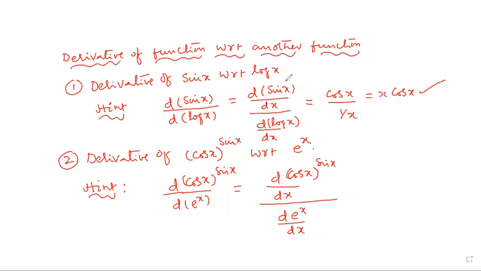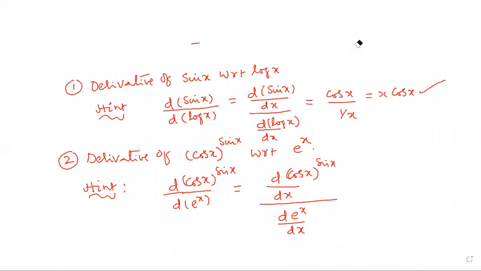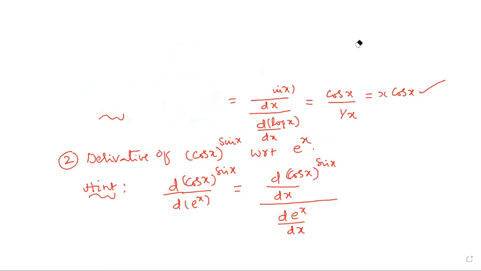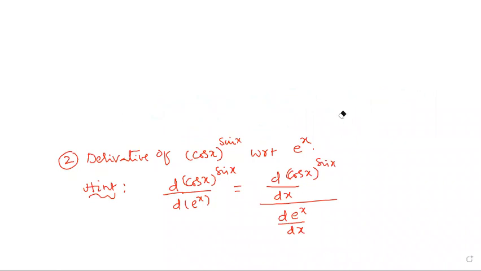I will tell one simple method. Here, cos x power of sin x can be written as e power of log of cos x power of sin x.